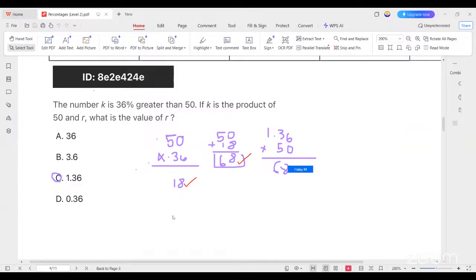Because it gives me the same answer as my other method. 68 is 50R, and hence R is 68 upon 50, which is nothing but 1.36. Fine? Yes. Okay.